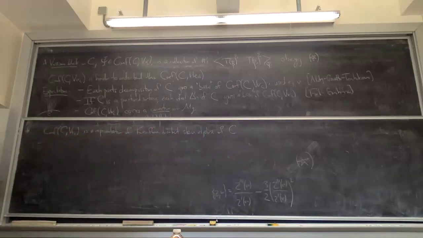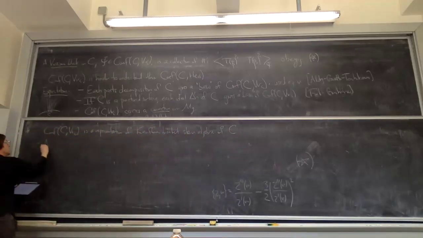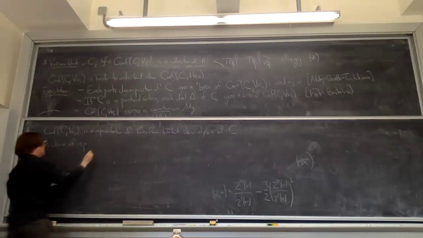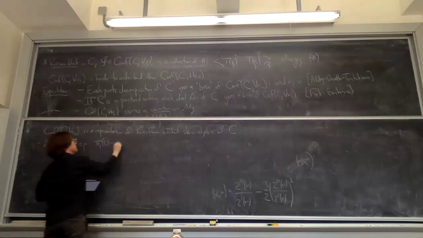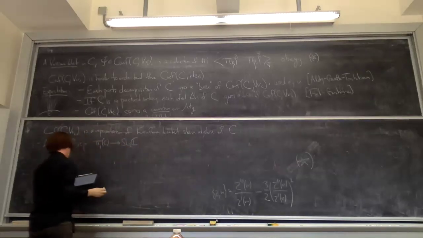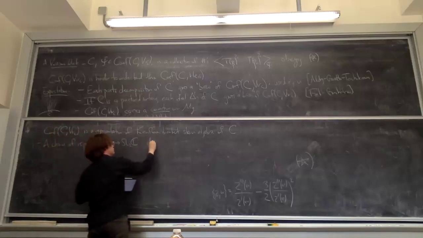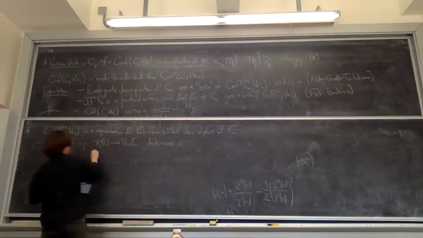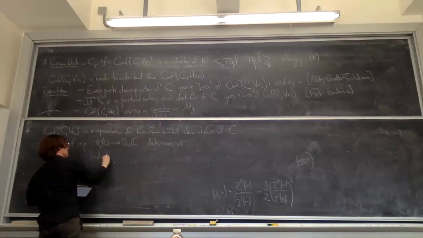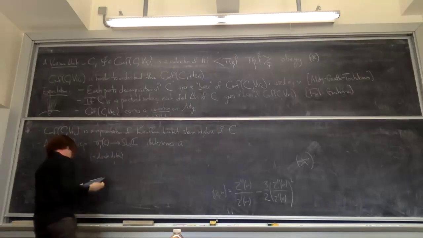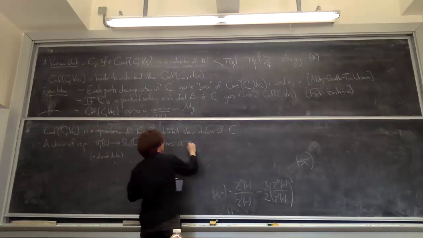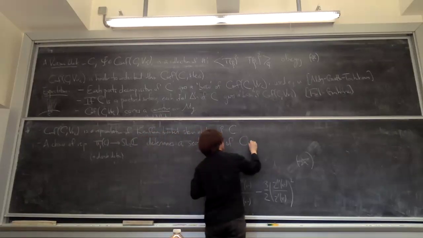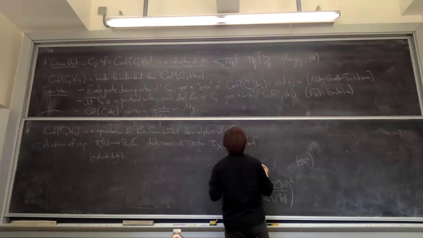And then, sorry, one more. If you choose a representation of the fundamental group, plus some additional discrete data, that's supposed to determine for you a section, tau lambda, of this bundle of conformal blocks.